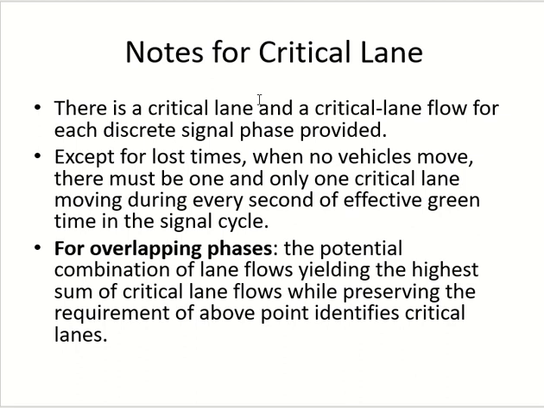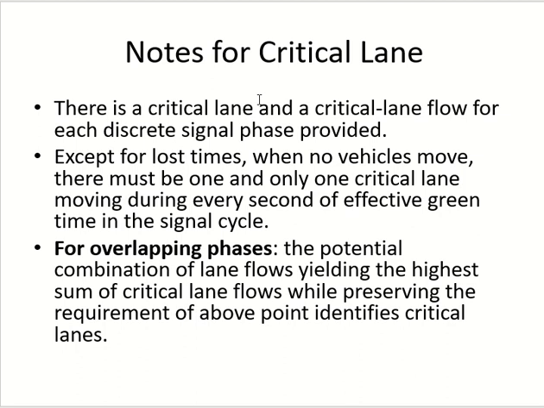For example, let's say this is 600, this is 500, this is 300, and this one is 500. So if you do a straight and left, you have 600 plus 300, total 900, right?